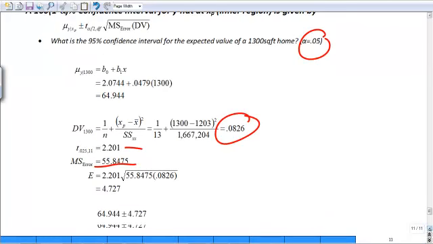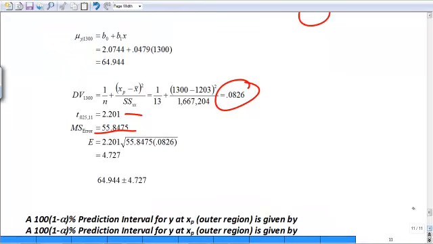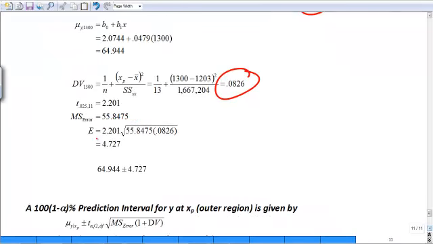So we put this all together and we get a margin of error: 2.201 times the square root of 55.8475 times the distance value 0.0826. That gives us a margin of error of 4.727.